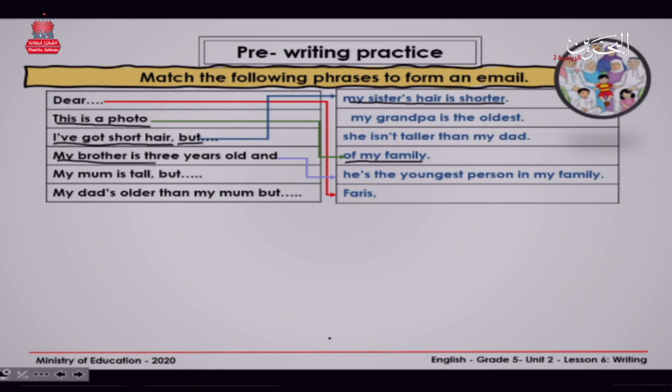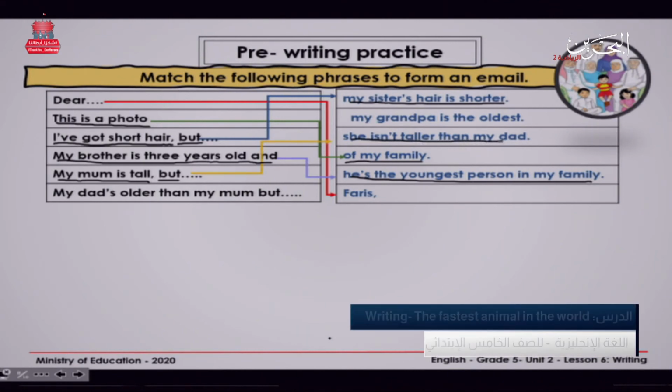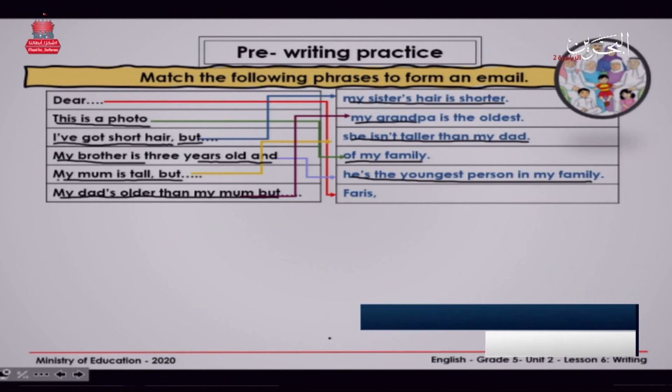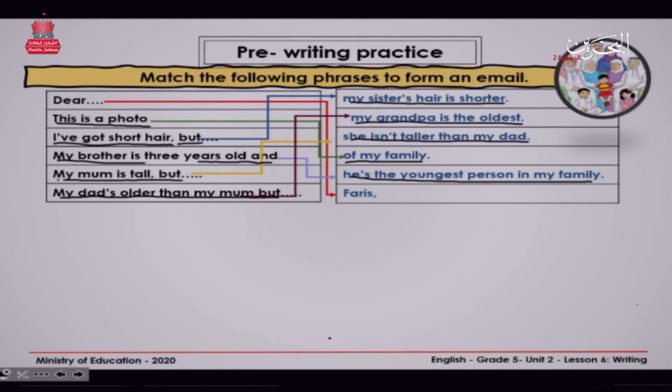My brother is 3 years old and he's the youngest person in my family. Very good. My mom is tall, but she isn't taller than my dad. Good. My dad's older than my mom, but my grandpa is the oldest.